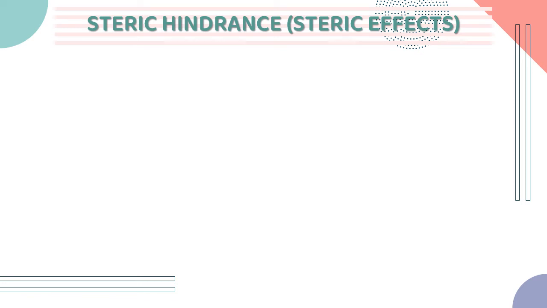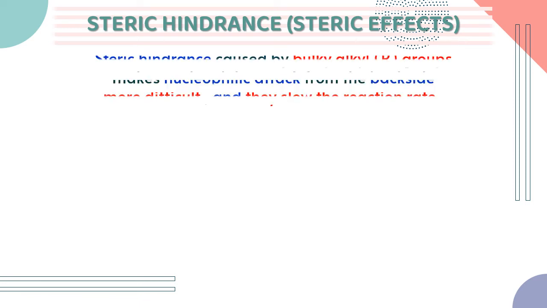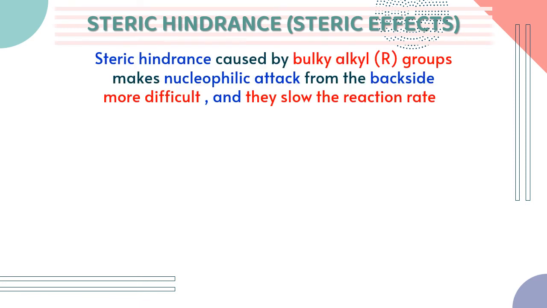Okay, so in other words, lagi besar kita punya alkyl group, lagi susah SN2 mechanism akan berlaku. Okay, because nucleophile tak boleh buat backside attack. So steric hindrance is caused by bulky alkyl groups, that makes nucleophilic attack from the backside more difficult and they slow the rate of reaction.